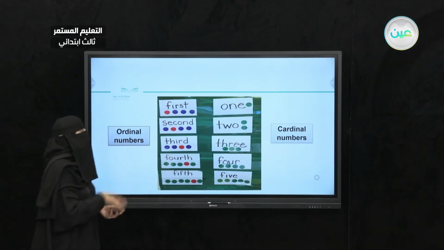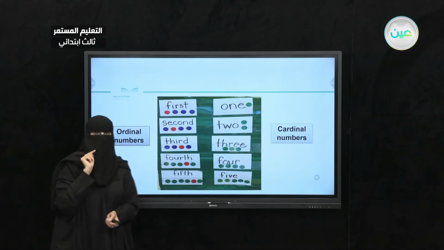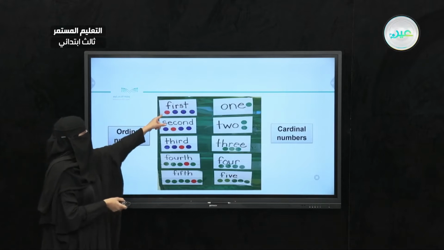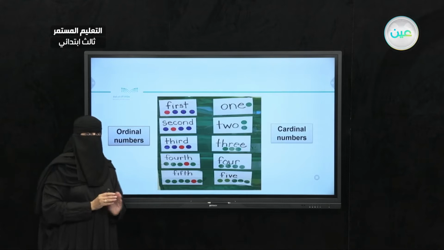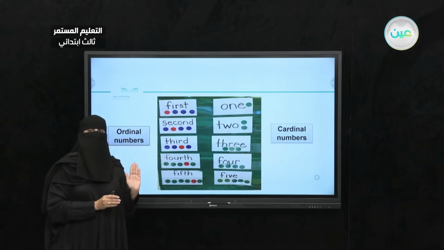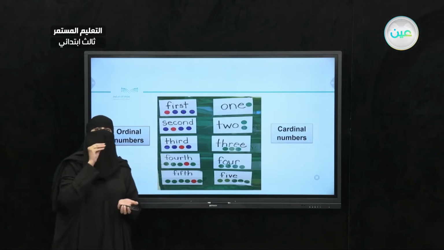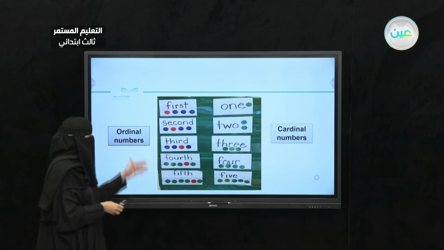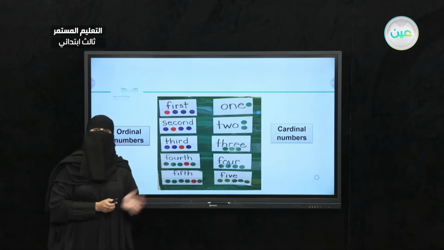As you can see, I will ask you about the place of the red circle. Where is it? Here it came first. So it's the first one. Below, it came second. So it's the second. So here I'm focusing on the place or the position. Okay? Next, where is it? It came third.